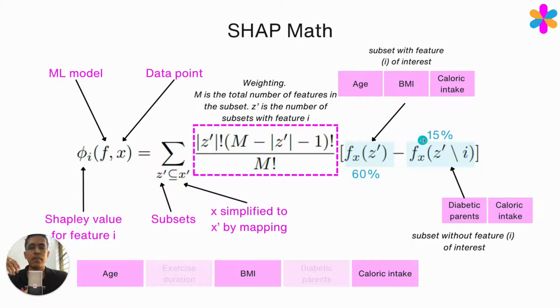So this is the basic mathematics behind SHAP, but this is just a representation of the idea that we already discussed in simple qualitative terms in the previous slides. So don't worry if some parts of this mathematical representation intimidate you or you can't wrap your mind around it.